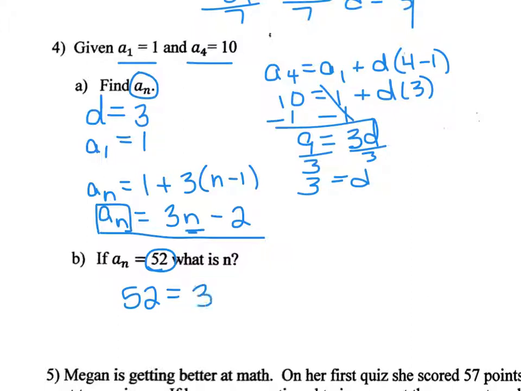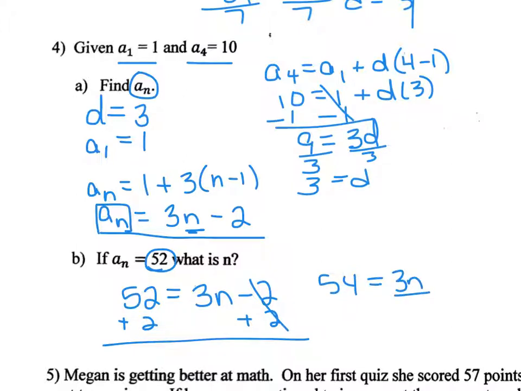They could use x's and y's, but whatever. So then we just simply solve here. So 54 is equal to 3n, divide by 3, and n is 18. So in the 18th term, if I plugged in 18 here for n, I would have gotten 52 out.